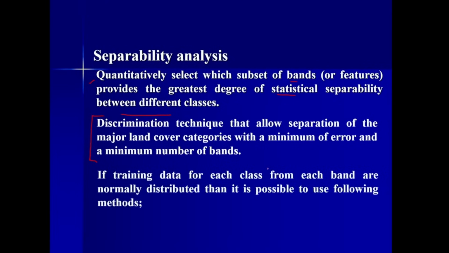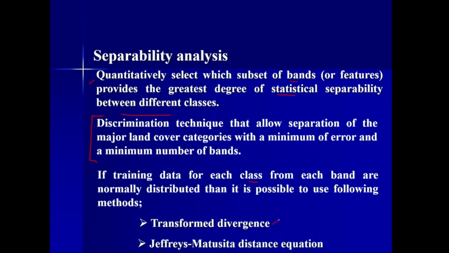If we have training data of each class from each band, and in each band the data is normally distributed, then we can apply the following methods of separability analysis. The first is transformed divergence, and second is the Jeffreys-Matusita distance, and there are two more.